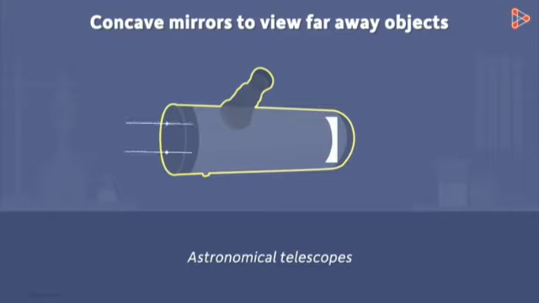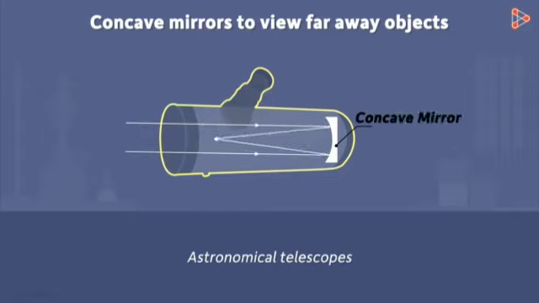Here, when the parallel rays of light from a distant object, such as a star or any other source of light, enter the telescope, they fall on the concave mirror placed on the opposite side. This concave mirror converges all the rays at a focal point.